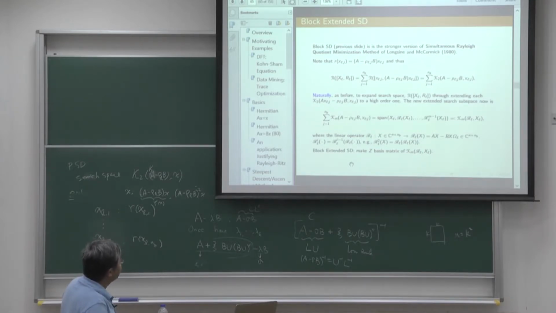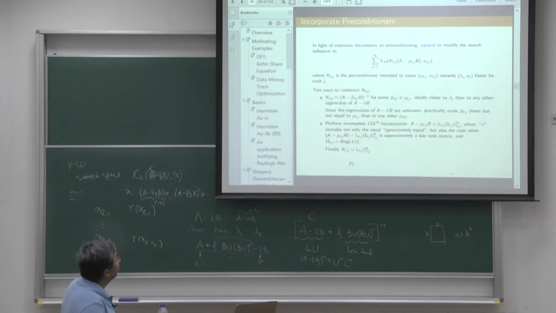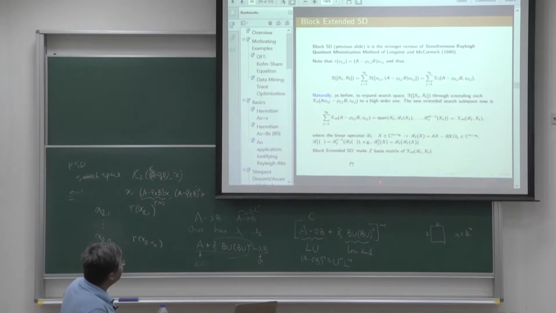The next step is to find the basis matrix of this Krylov subspace. How do you find the basis of this Krylov subspace? You basically do a similar thing. Later, we're going to show the code, similar to the Arnoldi process.